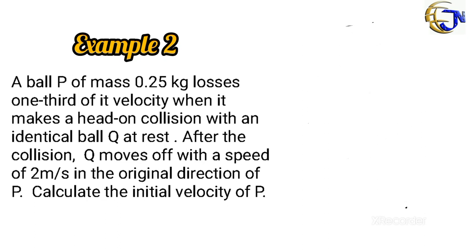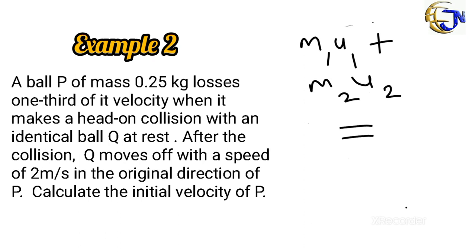For the first body, the momentum before collision will be M1U1, that's before collision, and for the second body it is going to be M2U2. Now, after collision, for the first body, M1V1, plus for the second body, M2V2.